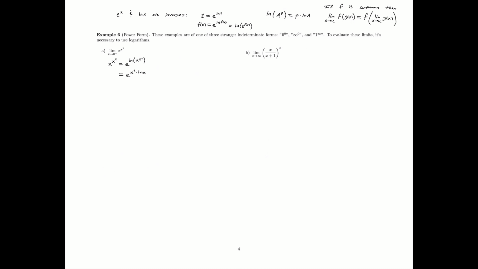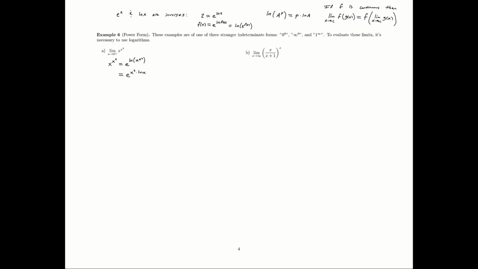In other words, we can pass the limit through the continuous function, and we can just evaluate the limit of the interior function, because limits are unchanged by continuous functions. So continuous functions preserve limits in a sense.